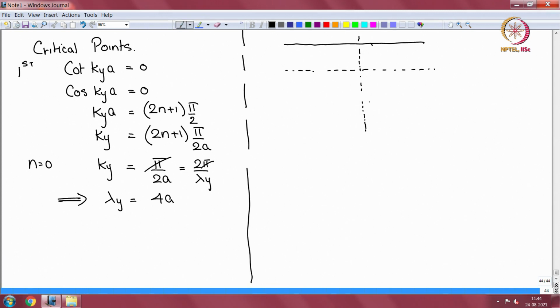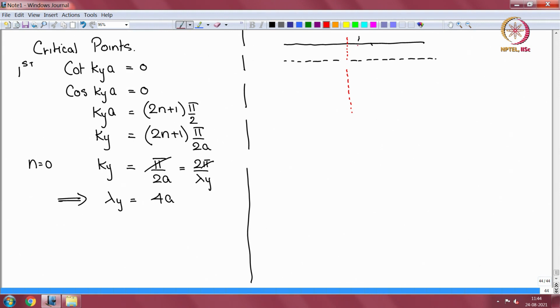Let me take it smaller, sorry, else I will take up the whole page. So let us say this is my structural acoustic waveguide with the bottom flexible plate. This is the mean pressure line, 0 pressure line. At the top the velocity is 0, so I will have peak pressure.